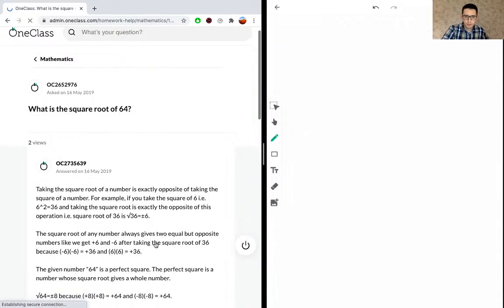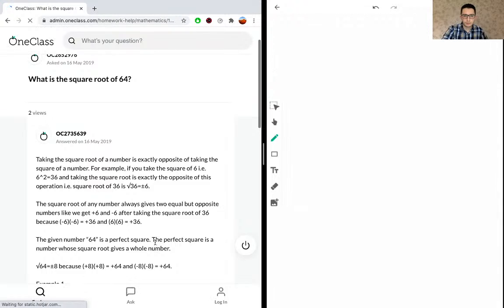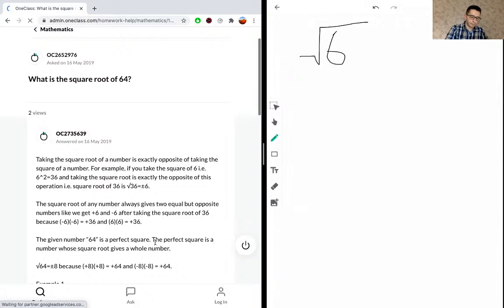Right, here we're asked for the square root of 64. Depending on what level you're at for this question, the square root of 64 is plus or minus 8, mainly because 8 times 8 is 64.